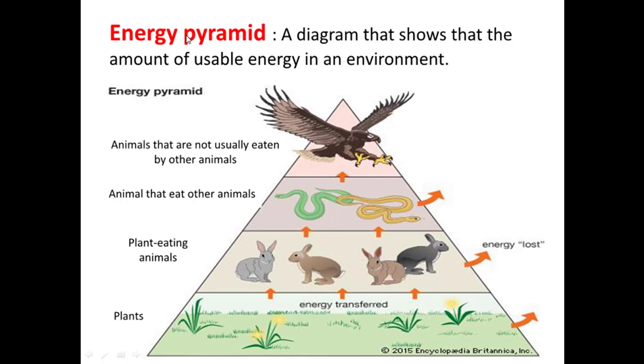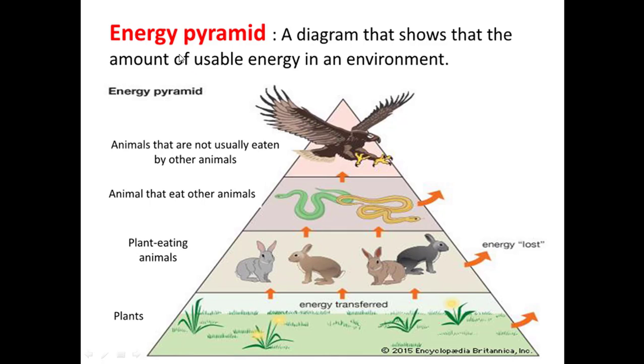After that, we studied energy pyramid. Energy pyramid, a diagram that shows the amount of usable energy in an environment. This one is the energy pyramid. Down here we have a lot of energy, okay, because decomposers are located down here. After that, some animals eat these decomposers, and the energy from here goes to here, and these animals eat these animals, and the energy from here goes to here.